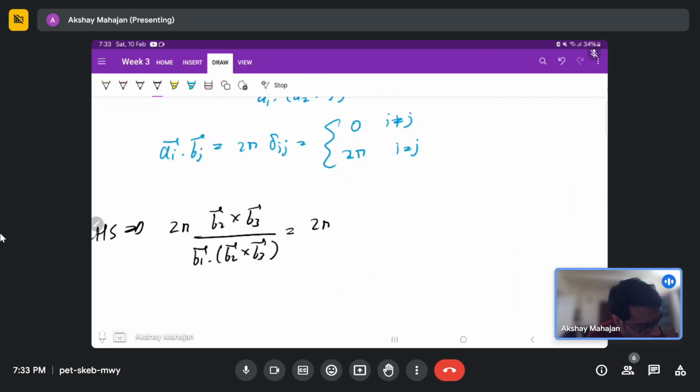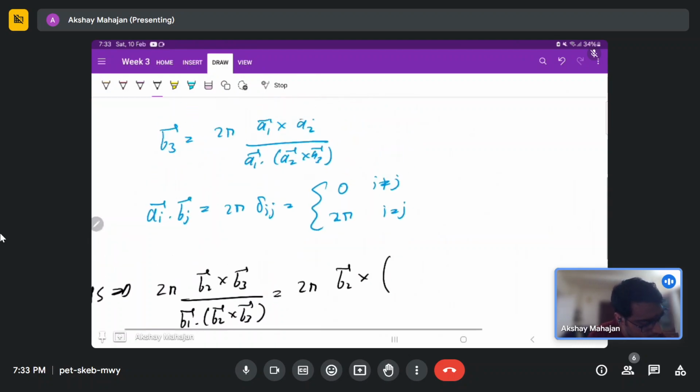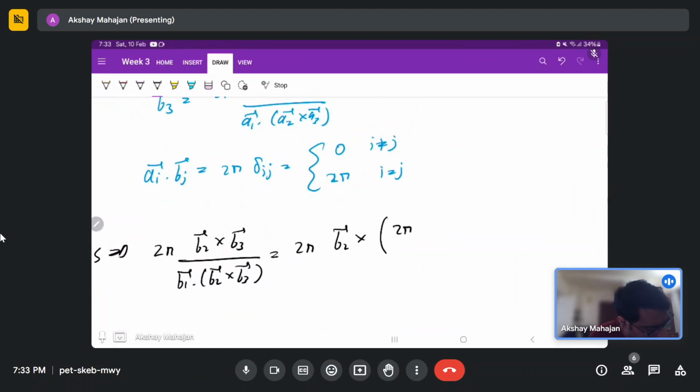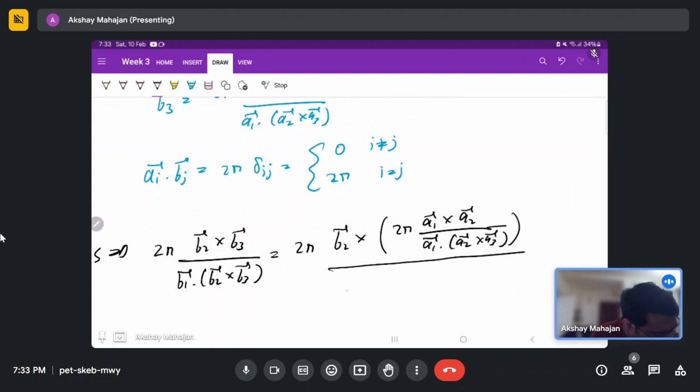So I will have 2 pi times b2 vector cross, and instead of b3 vector I will write 2 pi times a1 vector cross a2 vector divided by a1 vector dot a2 vector cross a3 vector, all divided by b1 vector dot b2 vector cross b3 vector.